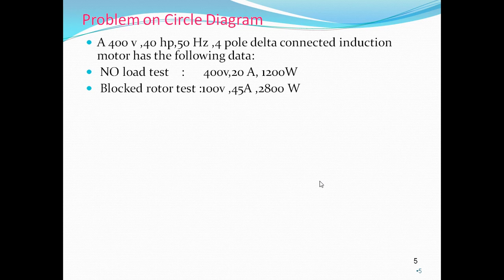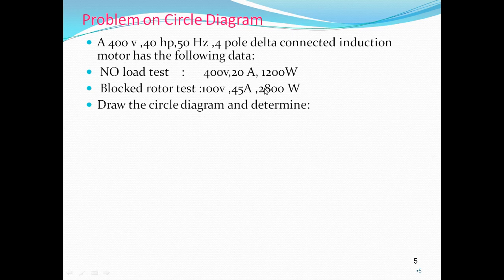After blocking the rotor, we apply a small voltage until it shows the rated current. As the rotor is blocked, it gets rated current at a very small voltage. You can see one fourth of the voltage, that is at 100 volts only, it got 45 amps and the power is 2800 watts.